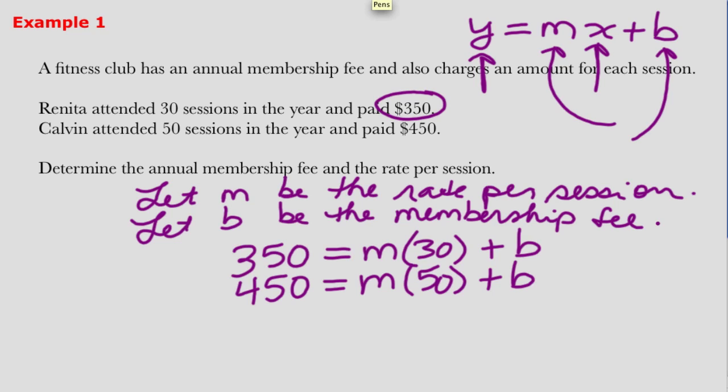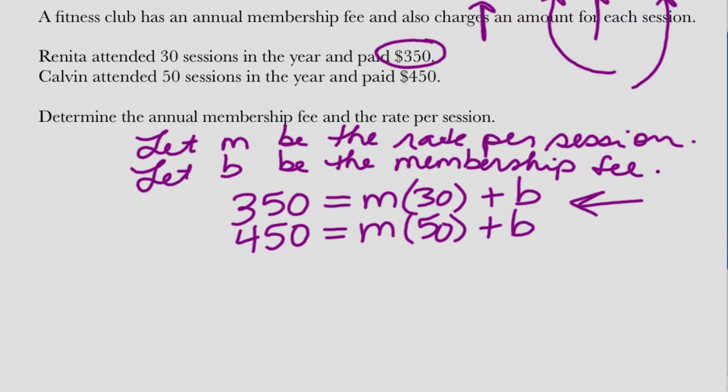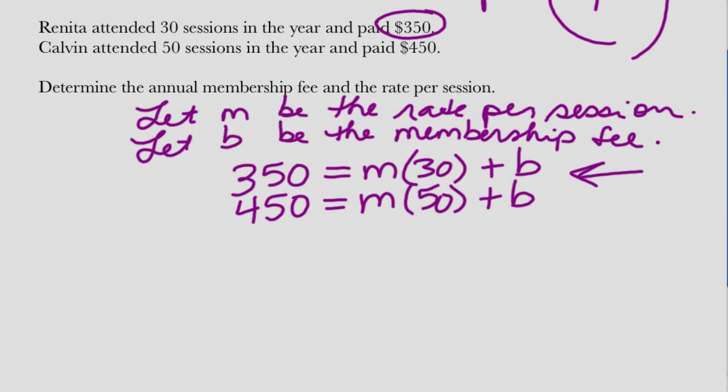I think what I might do is solve this one by elimination, because I see right here that I have two b's. I have a 1b and a 1b vertically, so I would be able to just subtract. What I might do is rewrite this so it makes a little bit more sense.